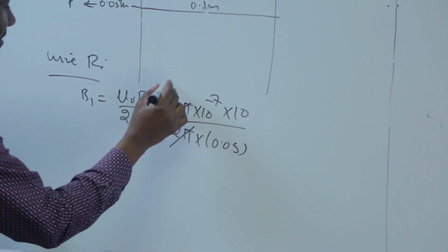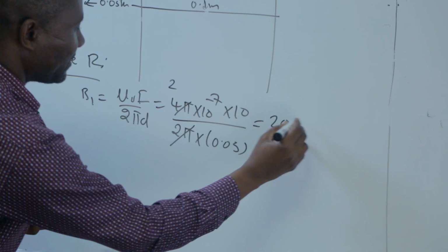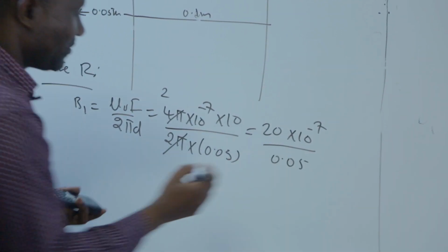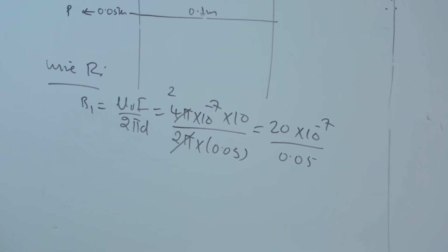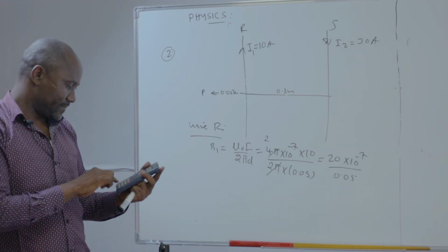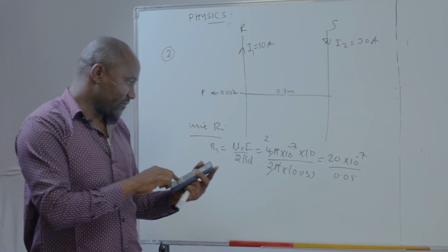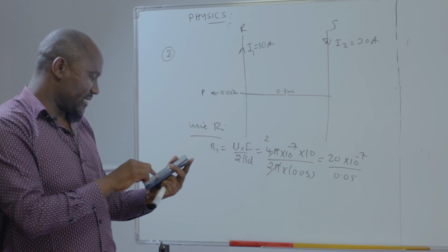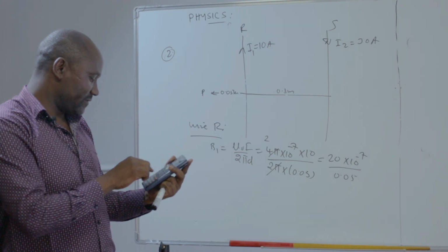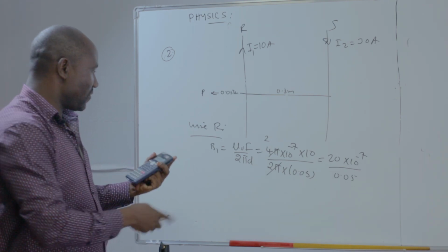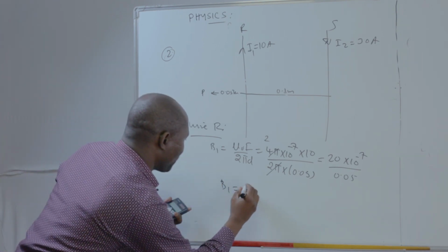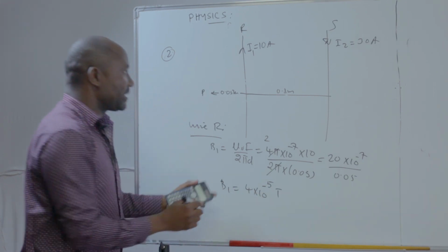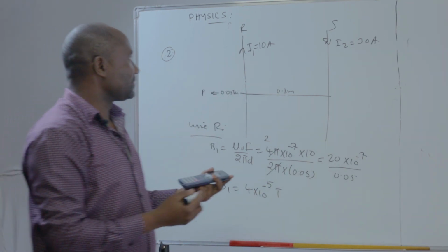These two cancel out, so you have 20 times 10 negative 7 over 0.05. Using a calculator, you can find that quickly: 20 divided by 0.05 multiplied by 10 negative 7. You get 4 times 10 negative 5 Tesla. This is the magnetic flux density due to wire R.